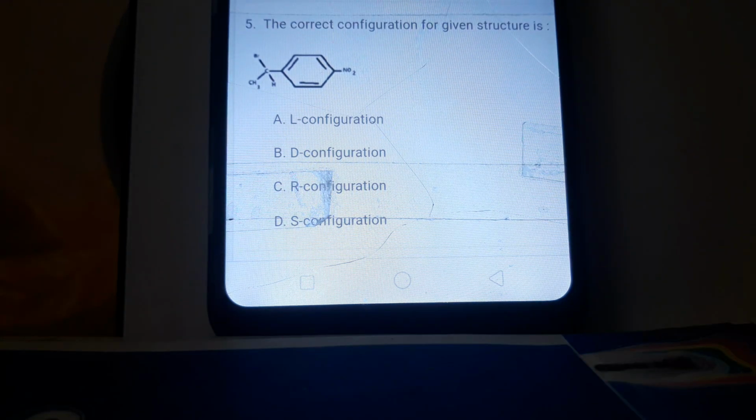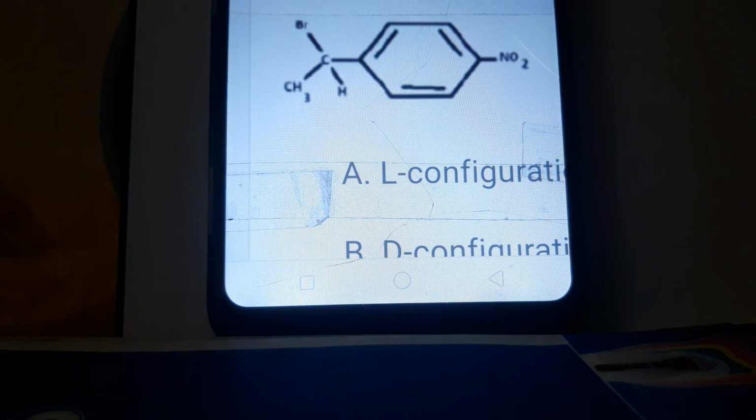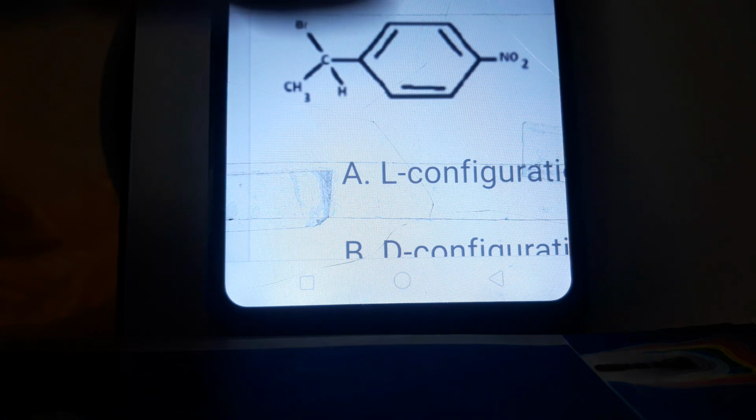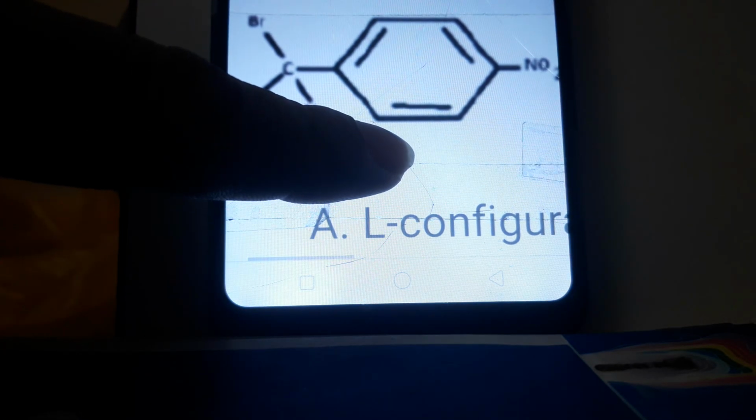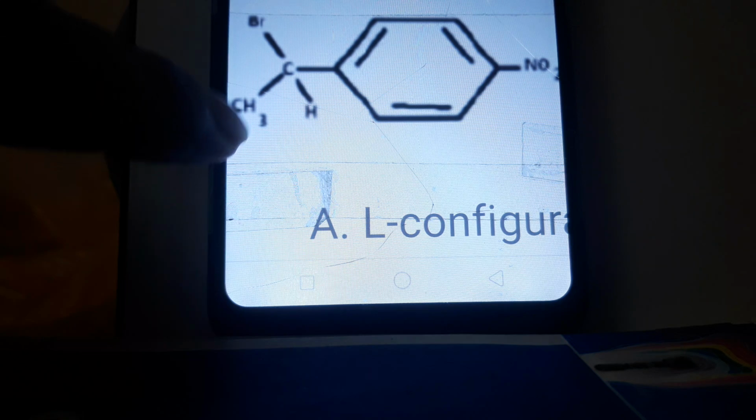The next question would be, the correct configuration for given structure is A. See, I'll just magnify the diagram for you. You see this? This is a diagram of what? Just figure out. Draw the diagram. Okay. Magnify a little more. Right? That's bromine there.